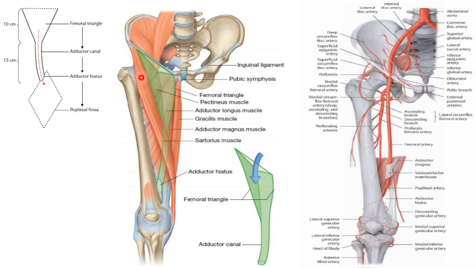Now this femoral triangle is a triangular shaped structure, which continues as a very narrow path, the adductor canal, both of which together look like a funnel shaped structure which opens into the adductor hiatus, and then it continues into an area called the popliteal fossa, a diamond shaped area just behind the knee joint.